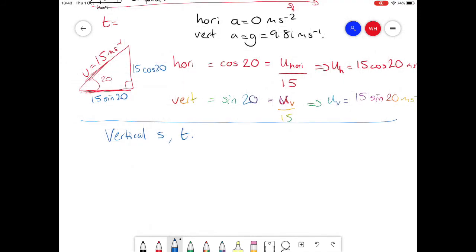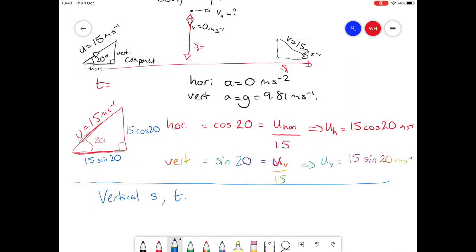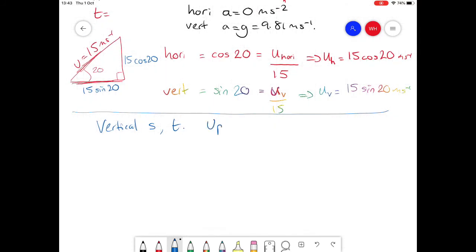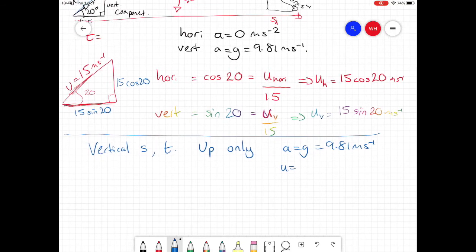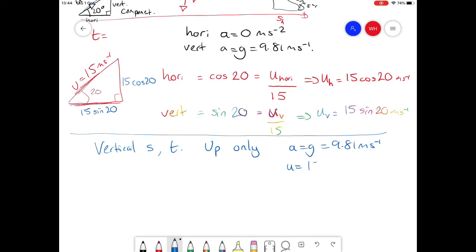Let's just do the up then. Okay, so up only. We know that A is G, 9.81, and we know that U is 15 cosine 20, and we know that at the top V is 0 meters per second.